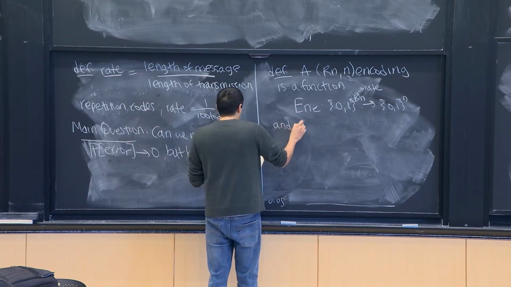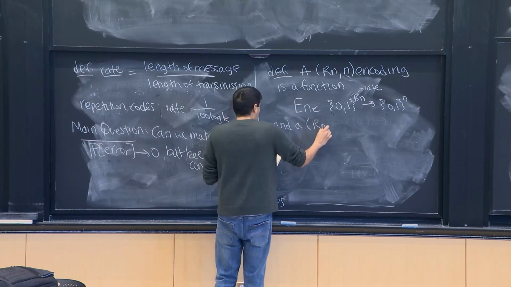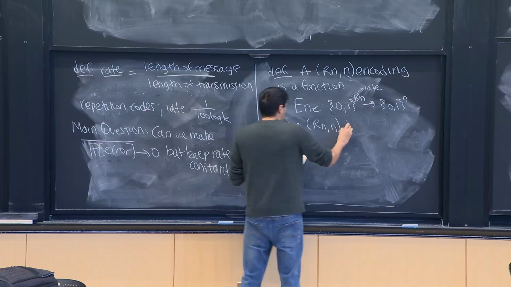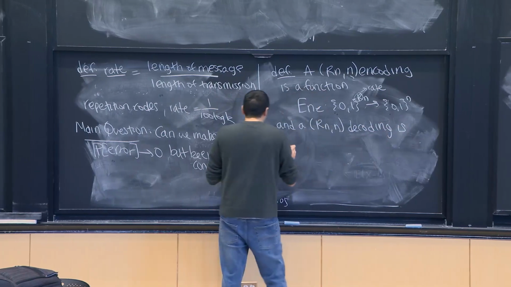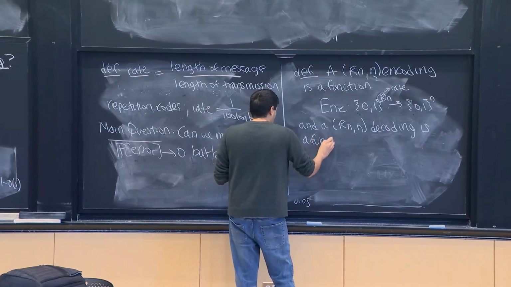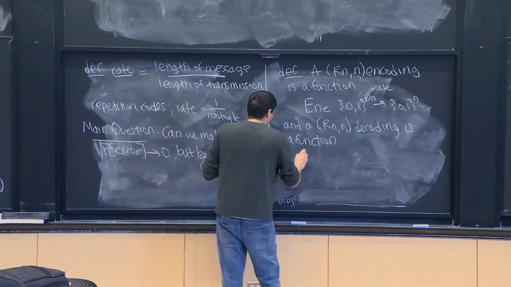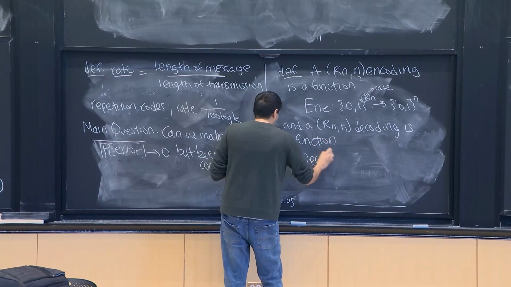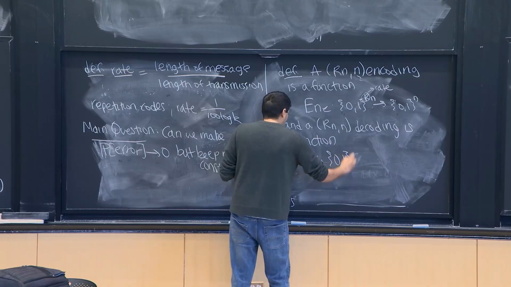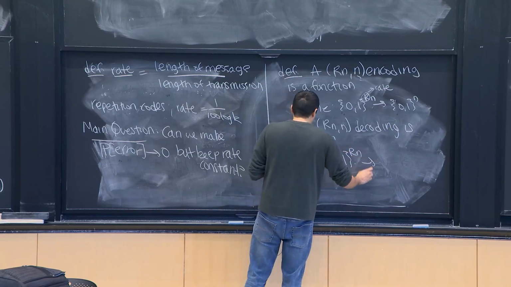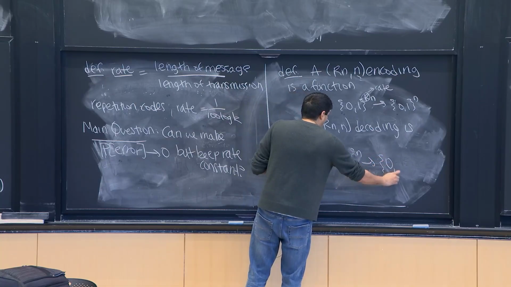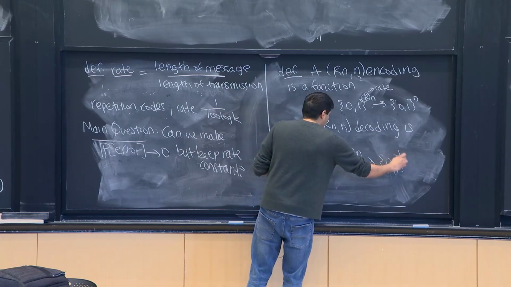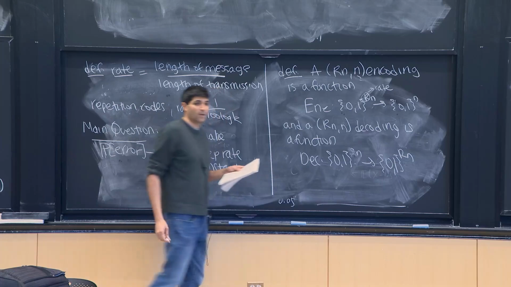Moreover, an (R, n) decoding is also a function. All it does is go from a received message of length n back to {0,1}^(Rn), back to what we think the person was transmitting to begin with.